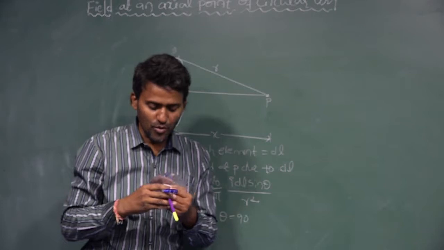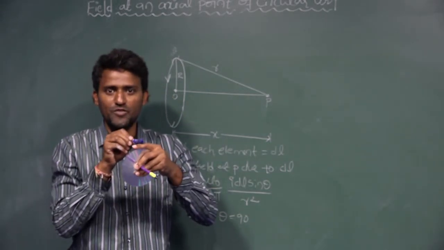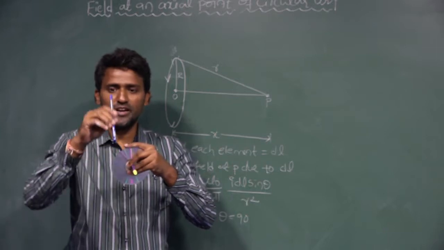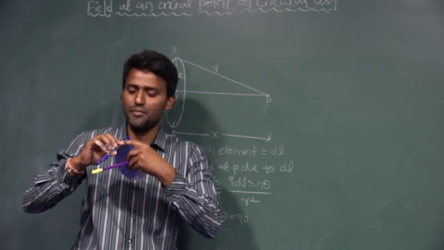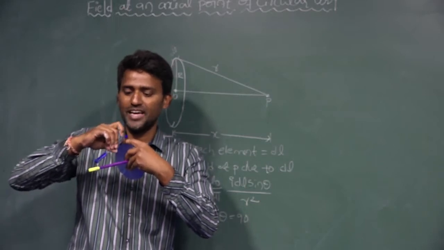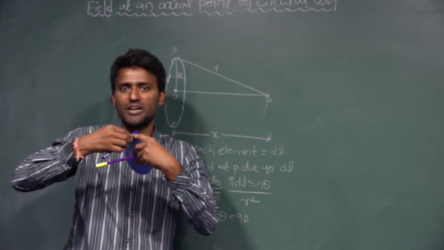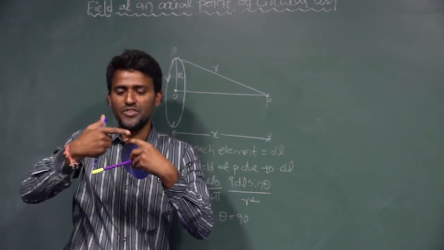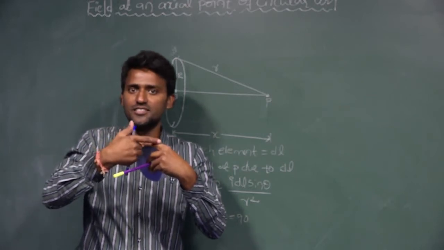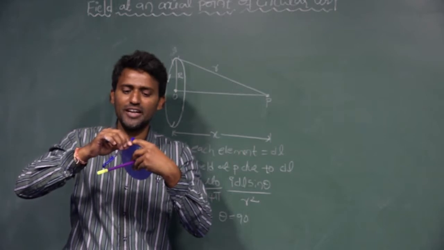If you observe diagrammatically, the tangent dl is my finger, and this is r. If you take like this, the angle between my finger and the pen is 90 degrees. In 3D, the direction of dl is along my finger, and r is like this.